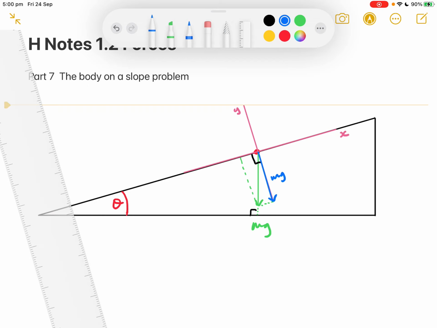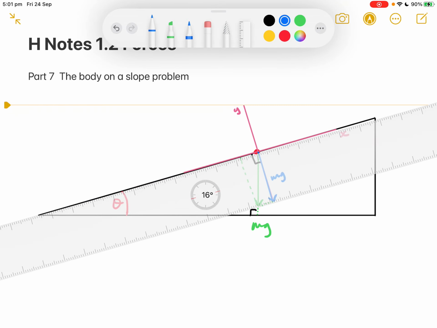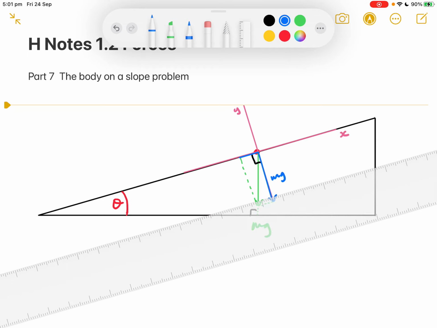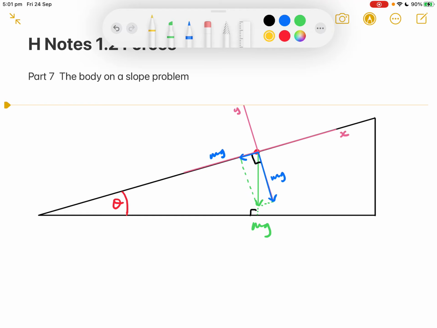Now we've got to decide, it's not mg itself, it's going to be a component of mg. So we need to work out whether it's a sine theta or a cos theta, but we'll do that in a minute. We'll just call it for the moment mg with a space waiting for the cos or the sine theta. Up here we're going to have our x component down the slope, and that's going to be mg something as well. So we need to get the sine and the cos thetas in there, because obviously these two blue vectors are not just mg on their own.